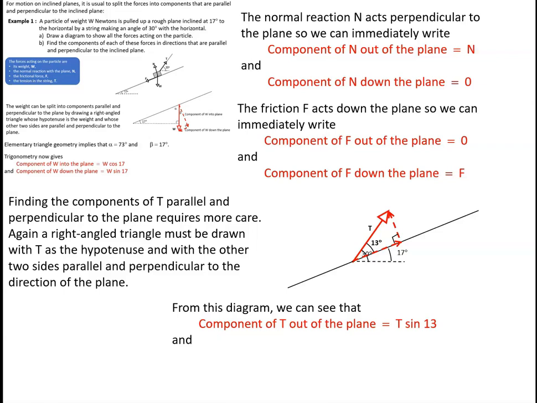So that is going to be of size T sin 13. And the component of T up the plane is going to be the adjacent side of our triangle, the side which is adjacent to the angle of 13 degrees. So that is going to have size T cos 13.